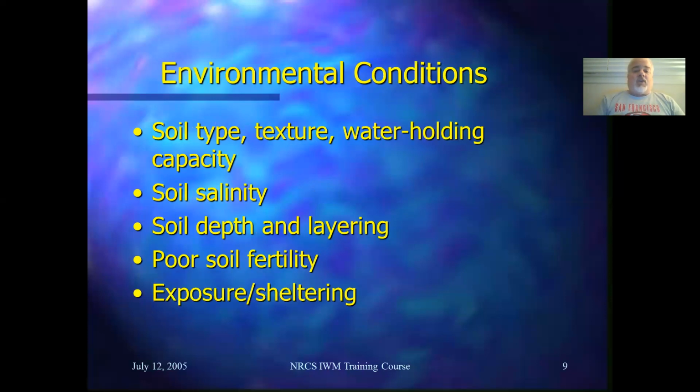Environmental conditions: soil type, texture, water holding capacity, soil salinity, soil depth and layering, poor soil fertility, soil exposure and sheltering. So if you're in the direct sun, a south-facing slope, a north-facing slope, shaded from adjacent trees or a hillside or something, all kinds of things go into it.